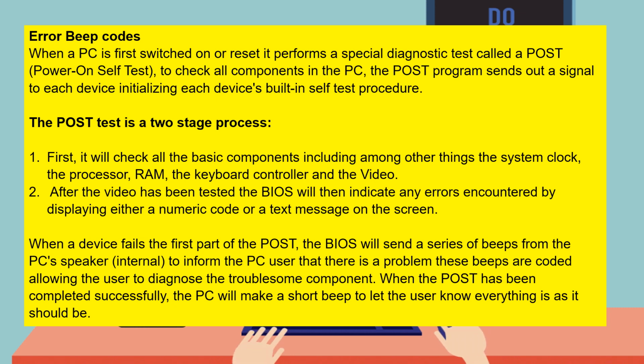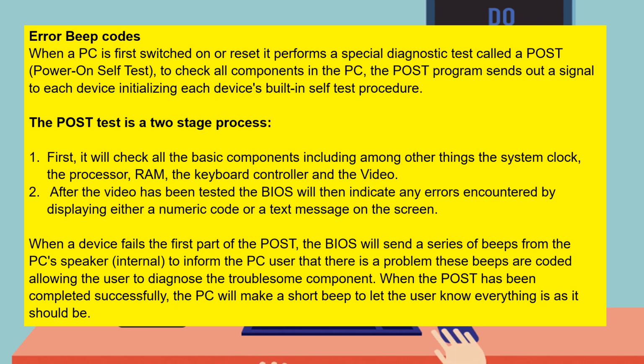When a device fails the first part of the POST, the BIOS will send a series of beeps from the PC's internal speaker to inform the PC user that there is a problem. These beeps are coded, allowing the user to diagnose the troublesome component.